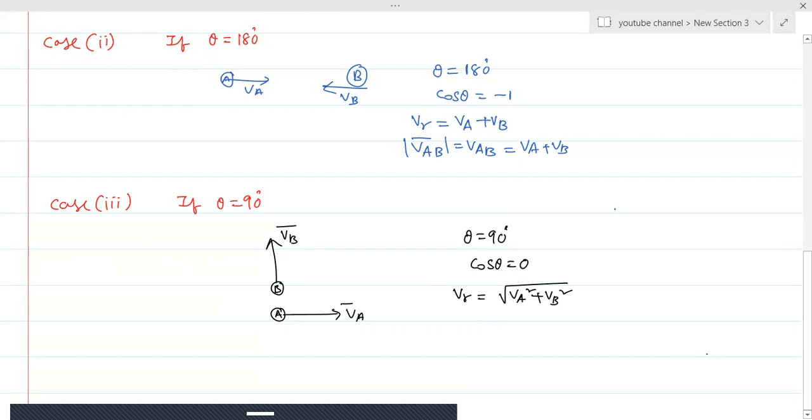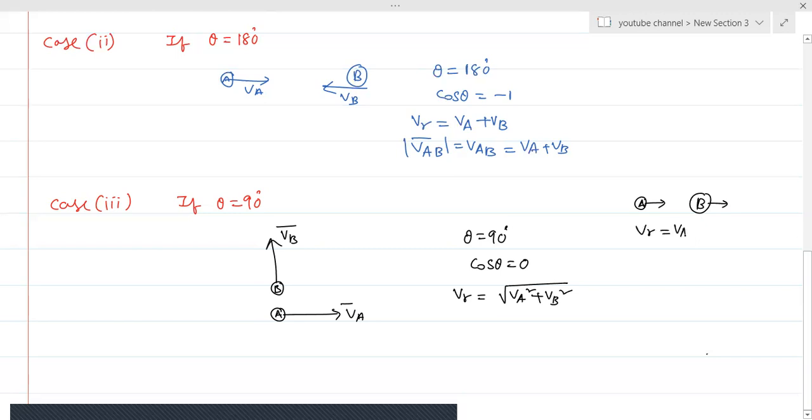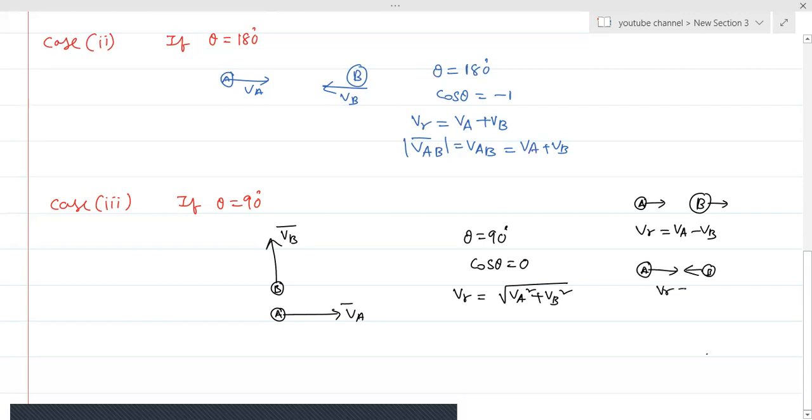And here we need to understand one thing, you may take this as a shortcut. Here A and B are moving in different directions, in the same direction or mutually perpendicular, and there is no relation between A and B. That means A never depends on B and B never depends on A. So in that case, we have taken VA minus VB. Suppose A and B are moving in opposite directions, we have taken the relative velocity equivalent to VA plus VB.